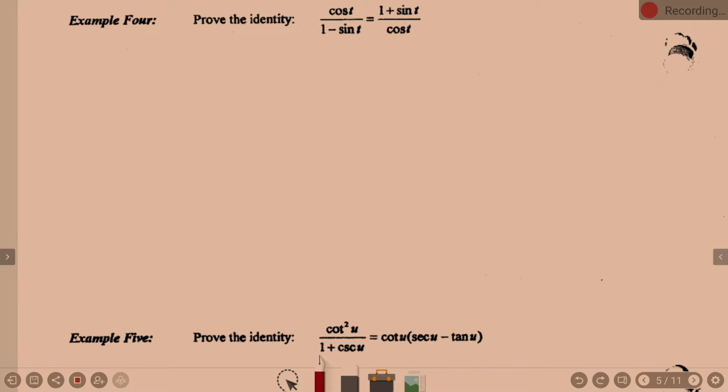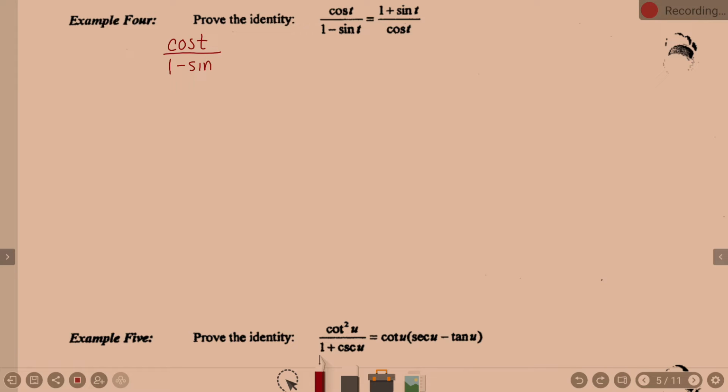No. First of all, this is equals. You can't cancel it because that's the answer. Okay, now, so let's remember, this is a proof. So what are we starting with? Cosine t over 1 minus sine t.